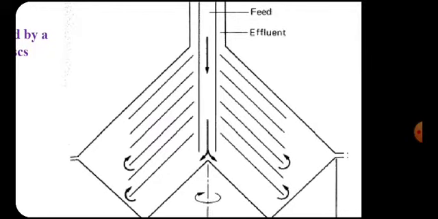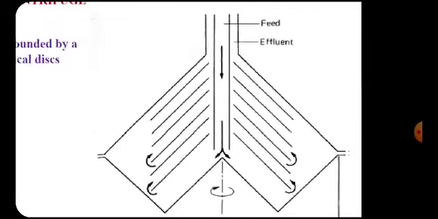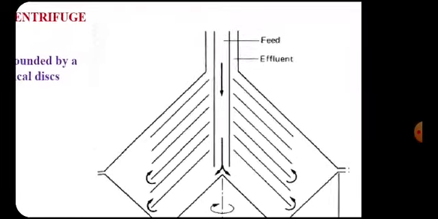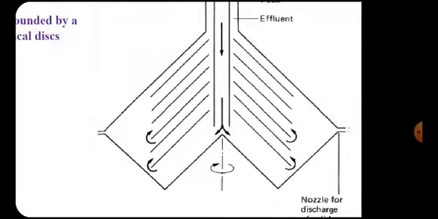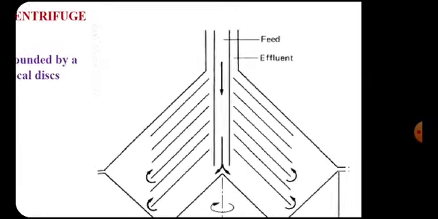These lines having slopes are nothing but the discs, which are the stainless steel plates. You can see that the solids will gather along the wall of this centrifuge, and the liquid will come out of this centrifuge as effluent.